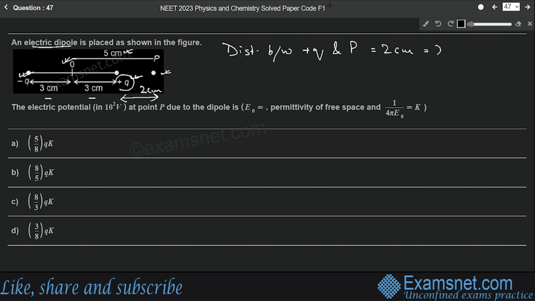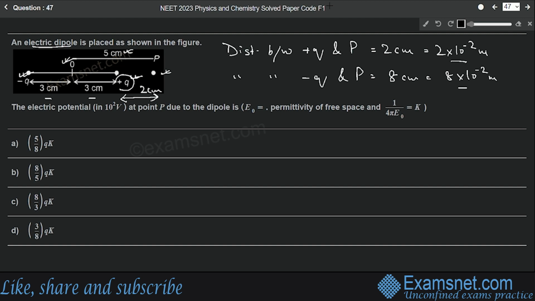That is 2 into 10 to the power minus 2 meter. Whereas the distance between minus Q charge and P is 6 centimeter, from minus Q to plus Q, and then plus 2 centimeter, that is 8 centimeter. So it can be written as 8 into 10 to the power minus 2 meter. So we have to keep these in mind.